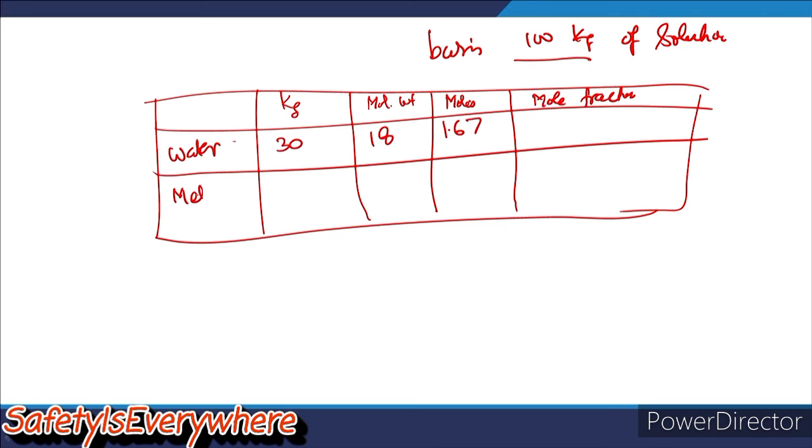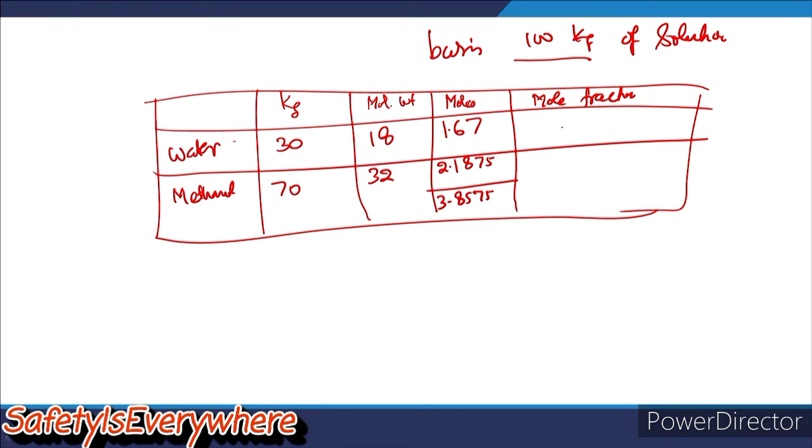Similarly, we have the methanol, which is 70 kilograms with a molecular weight of 32. So its moles come out to be 2.1875. If we calculate the total number of moles, it is 3.8575.